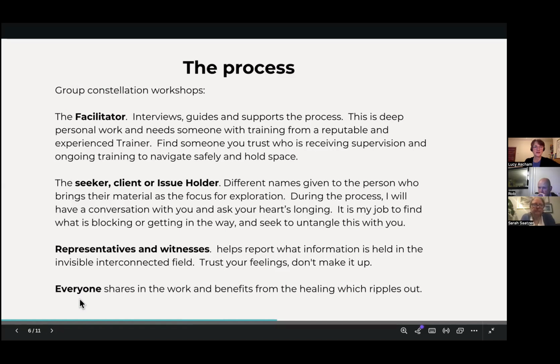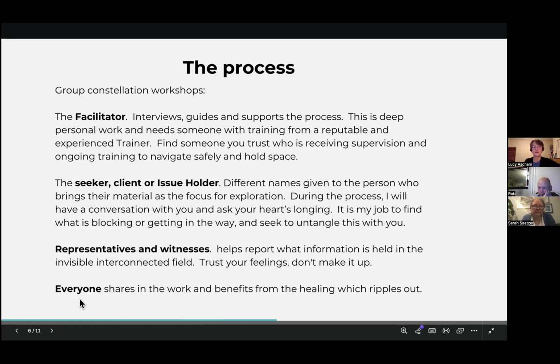So the process: there are three basic positions within the work. The facilitator, in this case it's me, but there are many trained facilitators around the world. I'm the one who interviews and guides and supports the process in the moment.